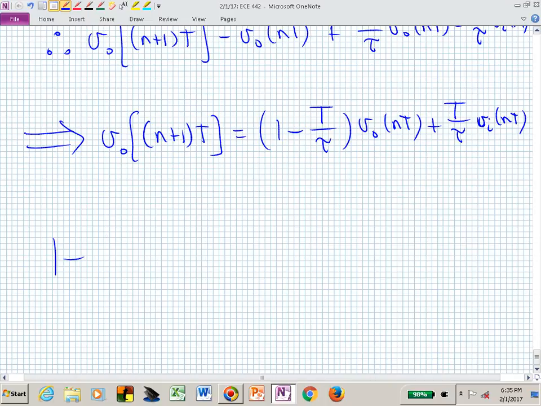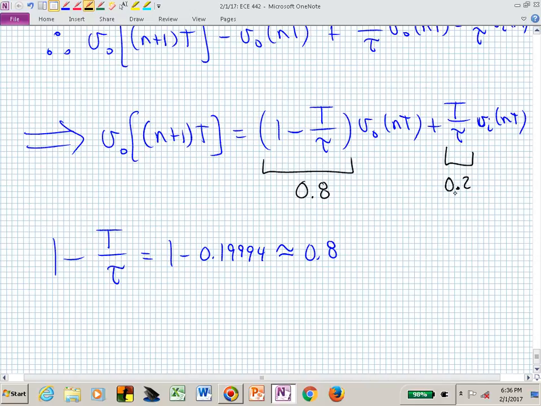And if we plug in the numerical values that we've calculated for capital T and tau, now this really ends up being, and here's maybe where they might have canceled each other out, let's just say we'll approximate that as 1 minus 0.2, so this is now 0.8, and this I'm approximating as 0.2.